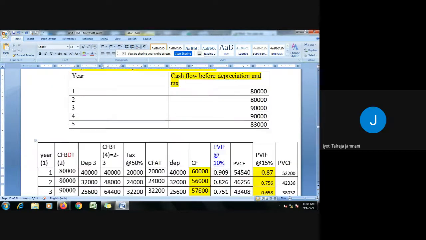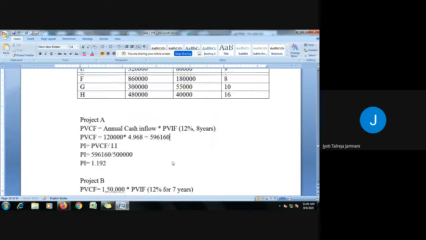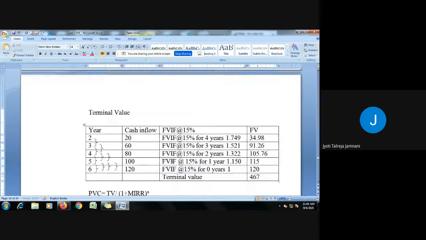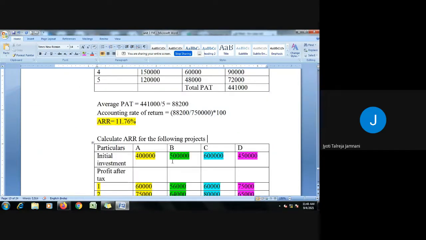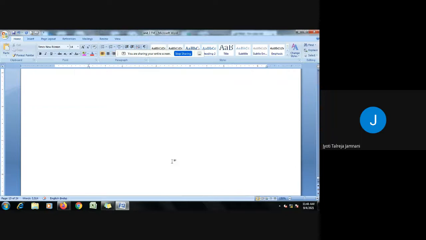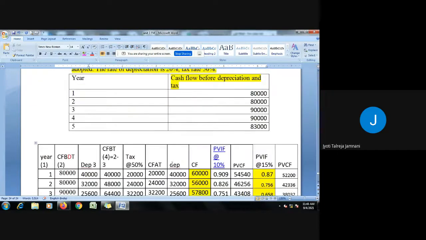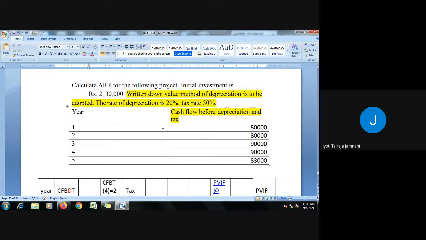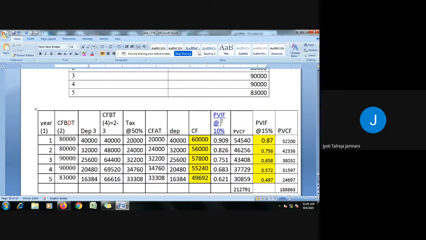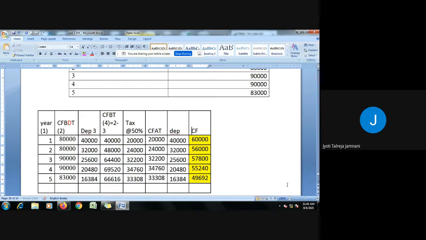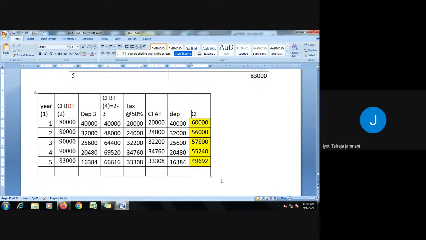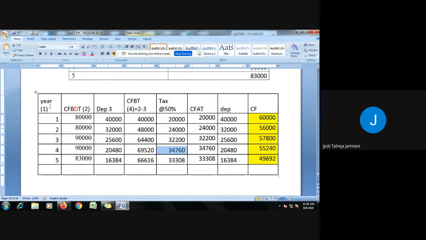We'll do it now. So what I want to prove my point is what we have to consider and what not. Okay, so I'll just show you how we are going to work on this particular project.